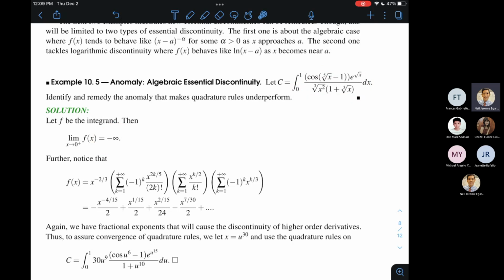Or at least as x approaches 0 coming from the right.